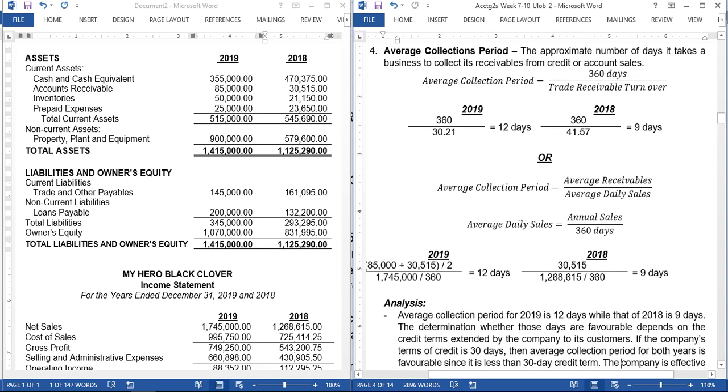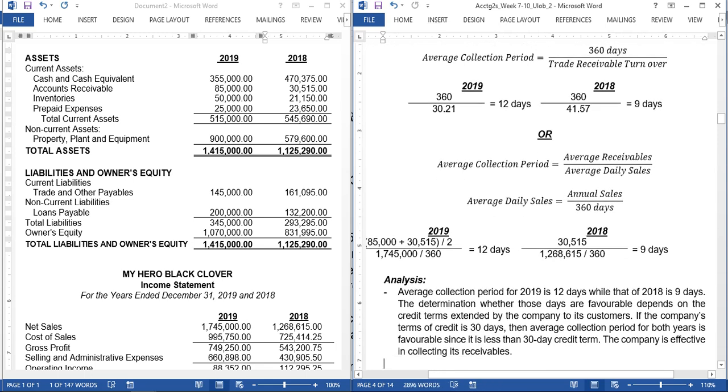If the company's credit terms is 30 days, so then the average period for the year is favorable since 30 days credit term. So, it means to say, kung 30 days ang ilahang ginahatan niya deadline, so wala siya nilapas, no? Kaya 12 lang man nag-9. So, okay, good. Kasi within the deadline for collection. Okay? Then, the company is effective in collecting its receivables since yun nga 30-day credit term.